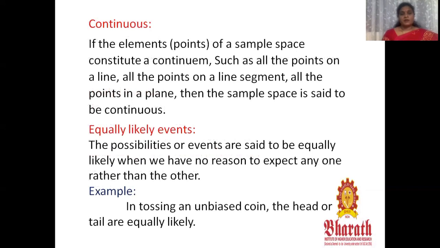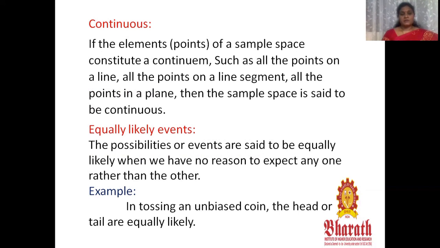Continuous. If the elements, or in other words the points, of a sample space constitute a continuum, such as all the points on a line, all the points on a line segment, or all the points in a plane, then the sample space is said to be continuous.